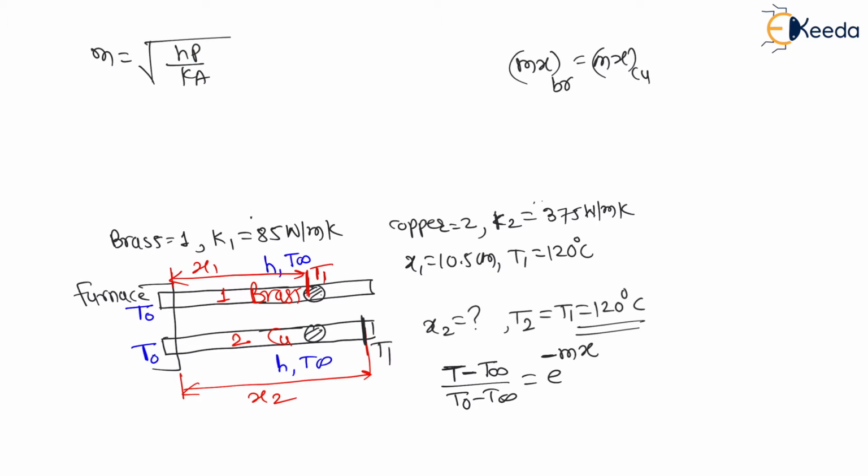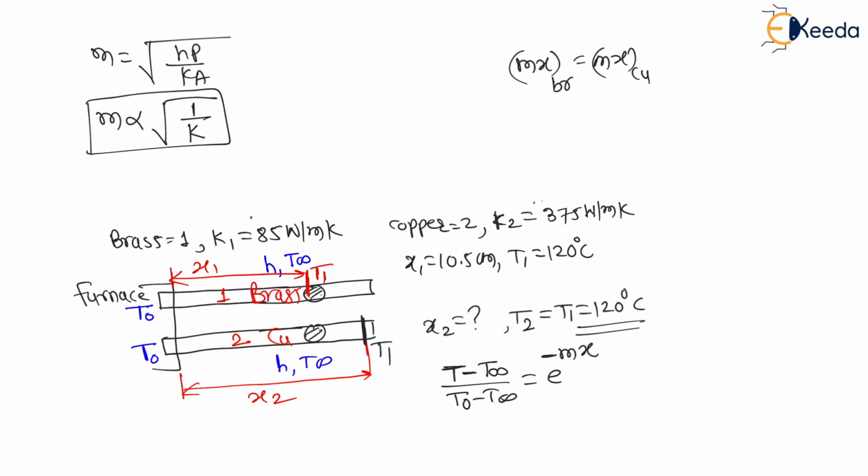P is perimeter. For both cases the diameter is the same, therefore the perimeter is also the same. k is thermal conductivity, which is different for both cases. And A is cross-sectional area. In both cases the diameter is the same, therefore the area is also the same. Therefore h, P and A are the same, so m is inversely proportional to the square root of 1 upon k.